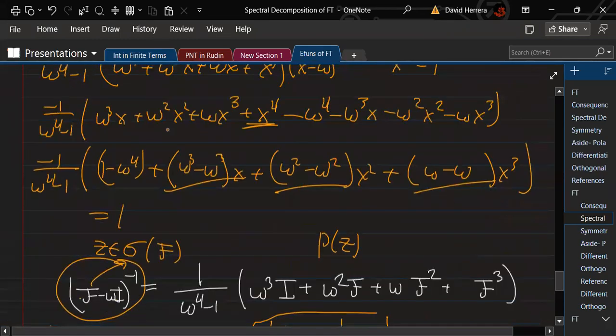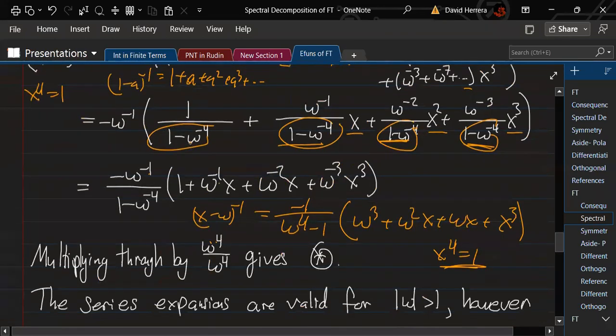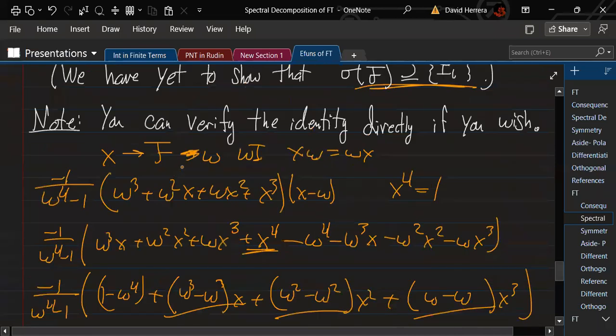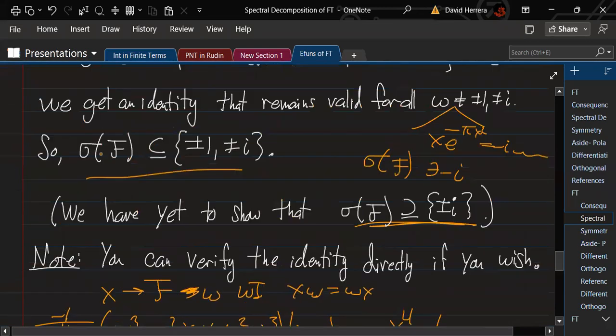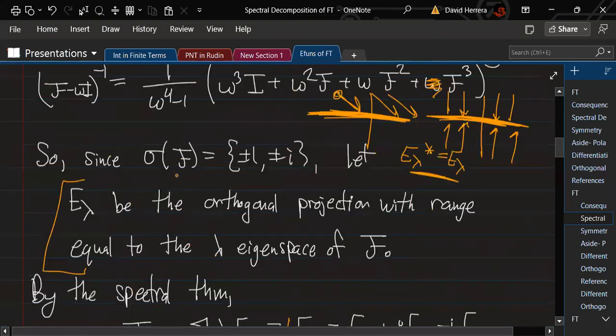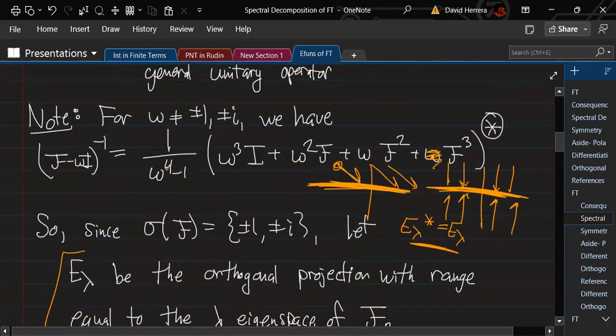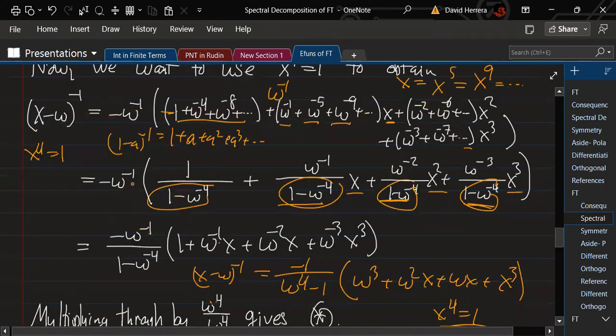Let me first make sure I have the right formula. The formula that I checked had a negative sign here, negative omega to the 4 minus 1. Am I missing that, or does the formula also have another typo? Yeah, I think this should be 1 minus omega to the 4, because when I checked it, it had a negative 1 here.